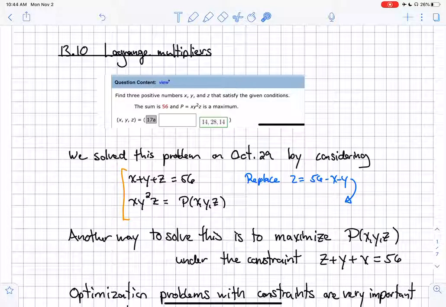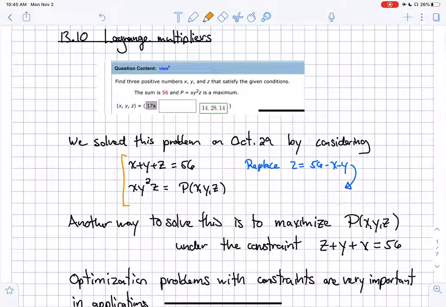constraint. So how we solved it before, well, that was easy in that case. I have two equations, so I can solve for one variable. Here we express z equals 56 minus x minus y, and we put it back into the function, and therefore we only had an equation of x and y, and we can optimize this function of x and y the usual way that we saw.